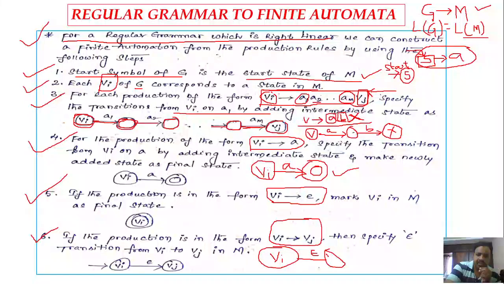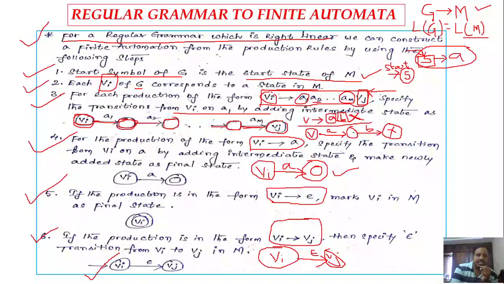So whenever we have a production rule in which one variable is denoting another variable, then in your finite automata specify the epsilon transition from Vi to Vj. So these are all the rules for constructing the finite automata from the given regular grammar. These are the 6 steps that we generally follow to construct this finite automata.